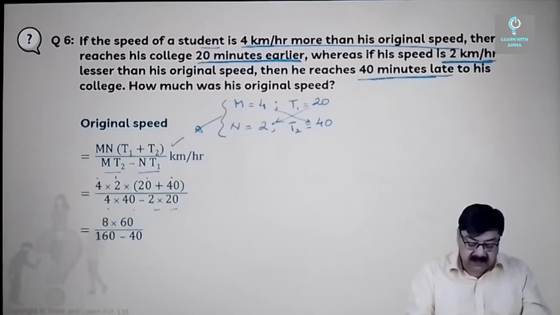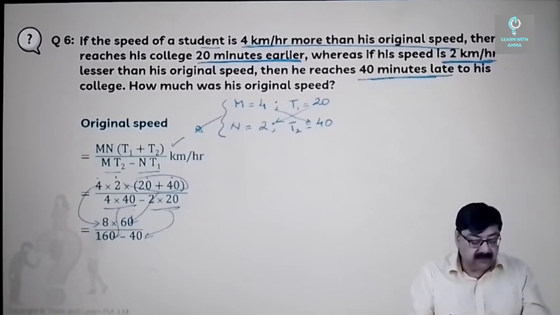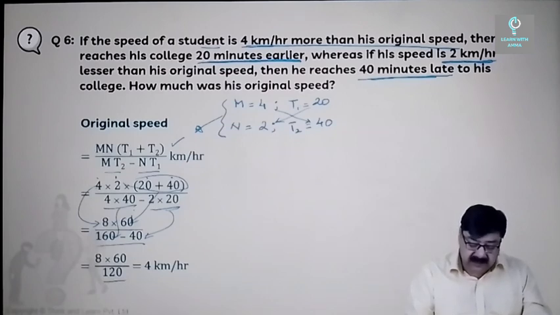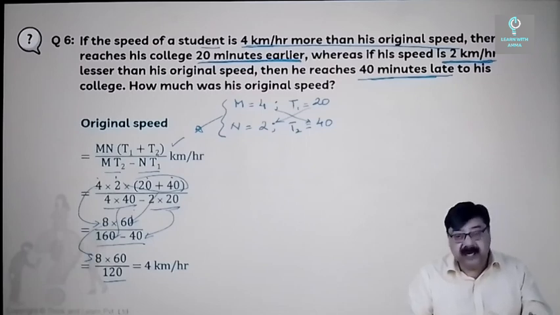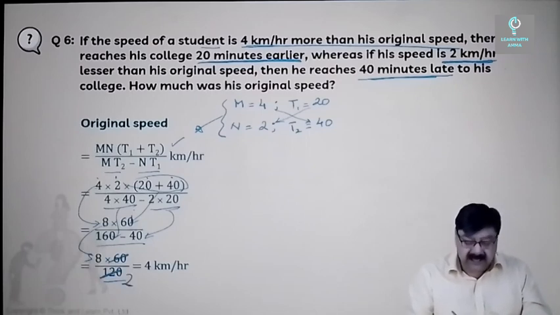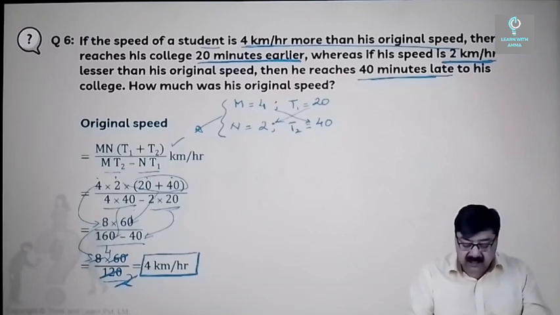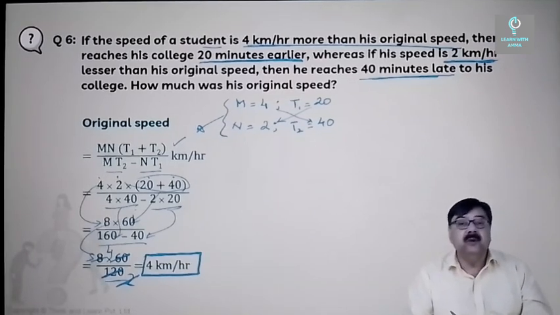So performing the calculations, 4 into 2 is 8, 20 plus 40 is 60, 4 into 40 is 160, 2 into 20 is 40. So 160 minus 40 is 120. Let this remain as it is, 8 into 60. We have taken this in the numerator. So 60 and 120 gets cut by 2. 2 and 8 get balanced by 4. So his original speed was 4 kilometers per hour.